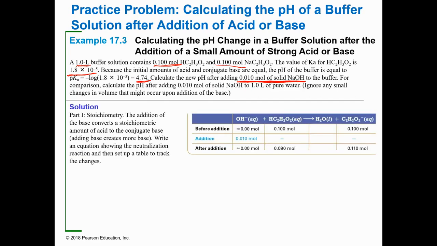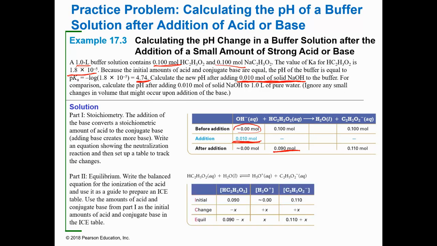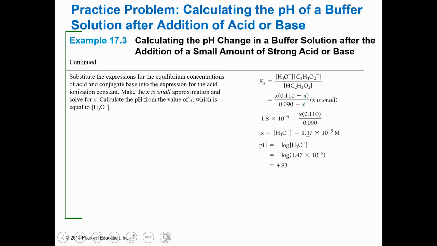All right, so now we need to work in moles. Okay, we're adding base to our acid. And so see, we start with 0 base. I add in 0.01, sorry. And then I subtract that amount from the acid because I use the acid to neutralize that. And then it makes the anion on the other side. Okay, once we have those values, we do a new ICE table, but remember X is irrelevant, so they cancel out. Okay, and then we plug in, we can find pH.